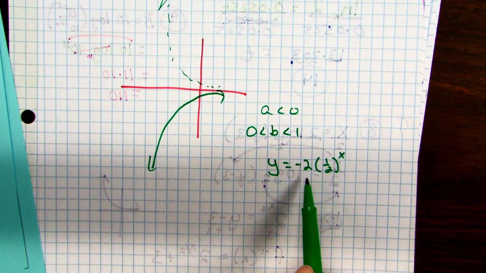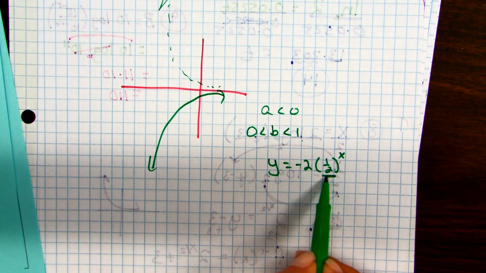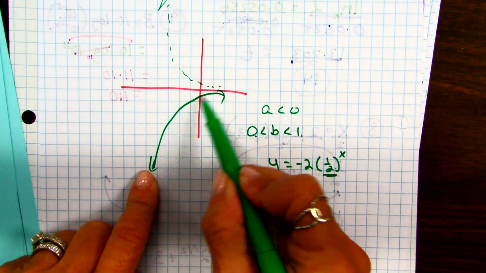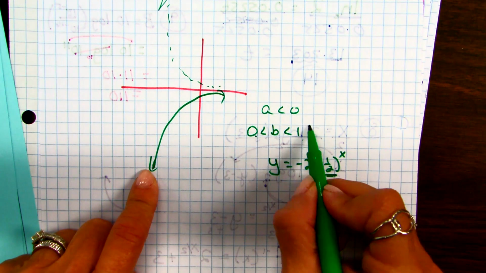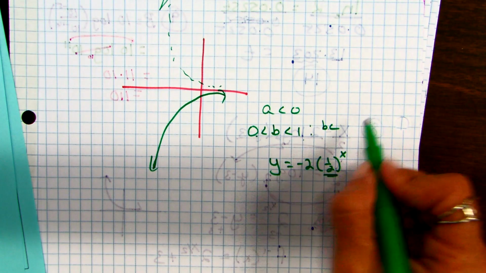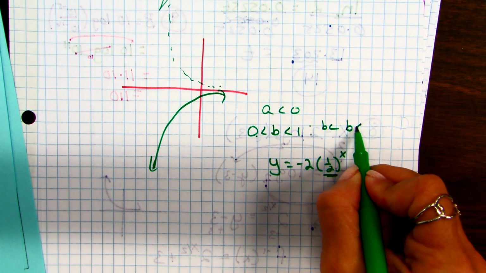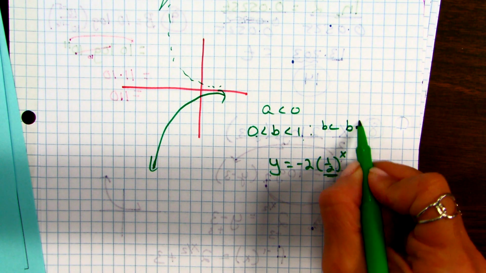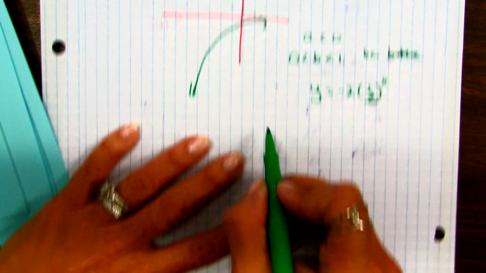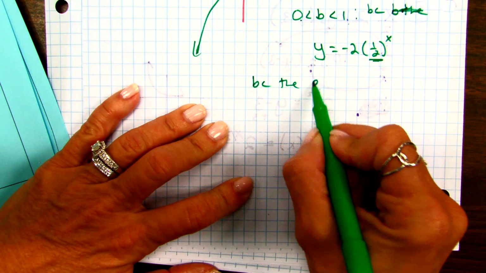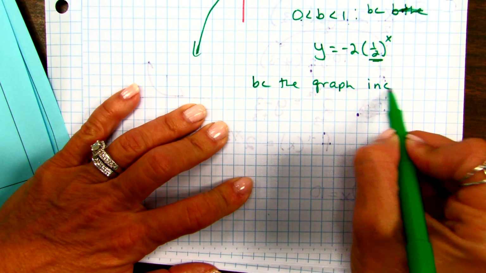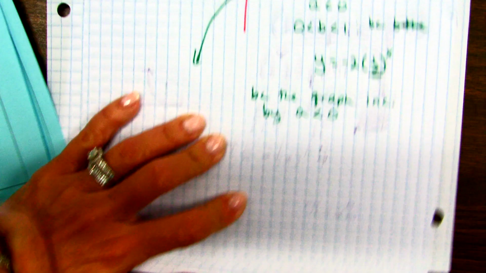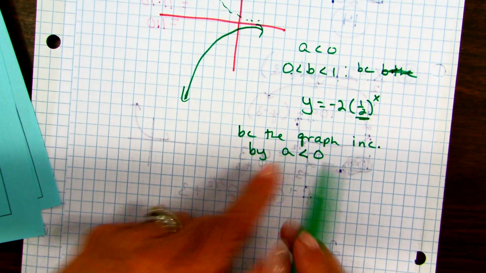But what is b? b is between 0 and 1, right? You would see that here, but it doesn't go with this. But you would still say, because the graph is increasing, but a is less than 0, so when a is less than 0, it's opposite.